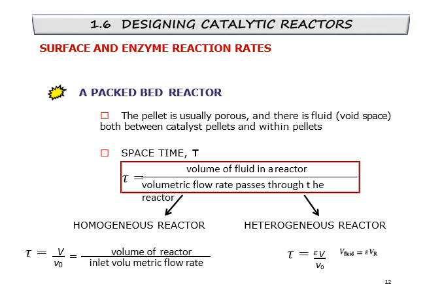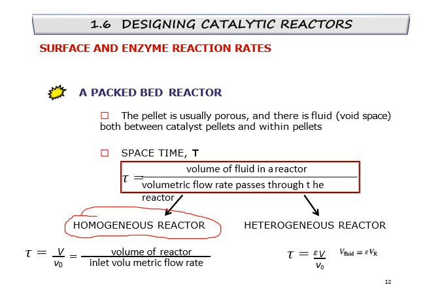Another parameter that you need to find in order to design a catalytic reactor is the space-time. Basically, space-time is defined by volume of fluid in reactor divided by volumetric flow or kinematic velocity, as I said before. Last time we learned how to find space-time for the homogeneous reactor.